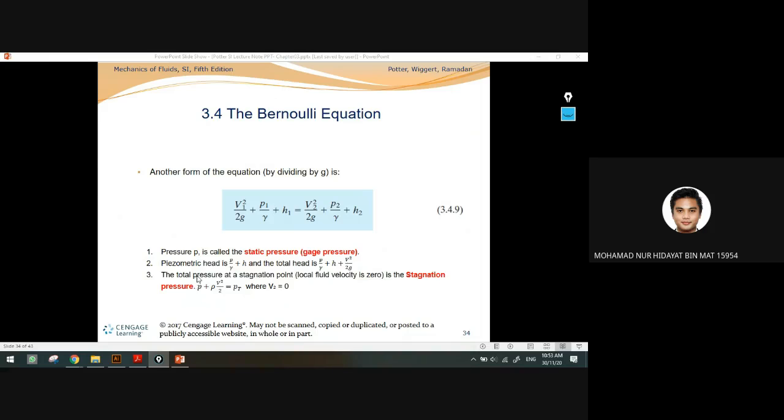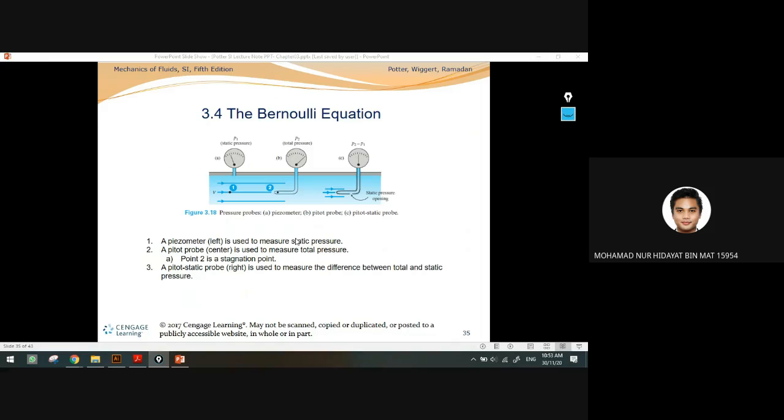Sometimes when the question asks between 2 points, point number 2 refers to the stagnation point. That is why it's very important you understand the stagnation point, where velocity 1 is given and velocity 2 is 0. Remember, the stagnation point is where the flow decelerates and comes to rest.